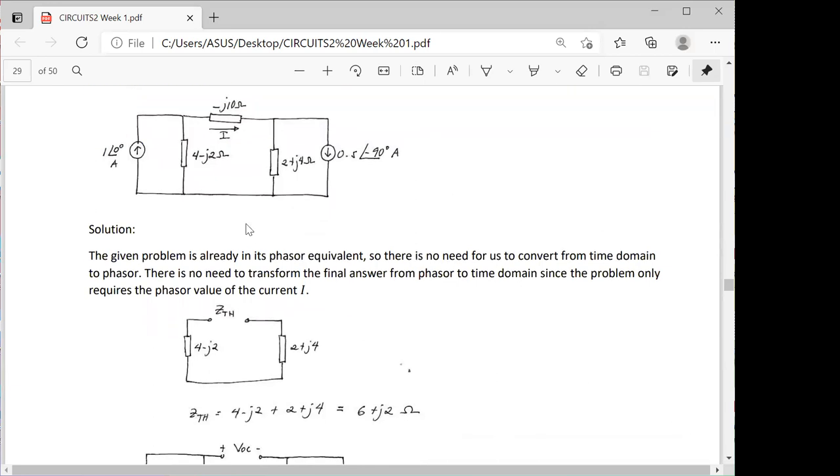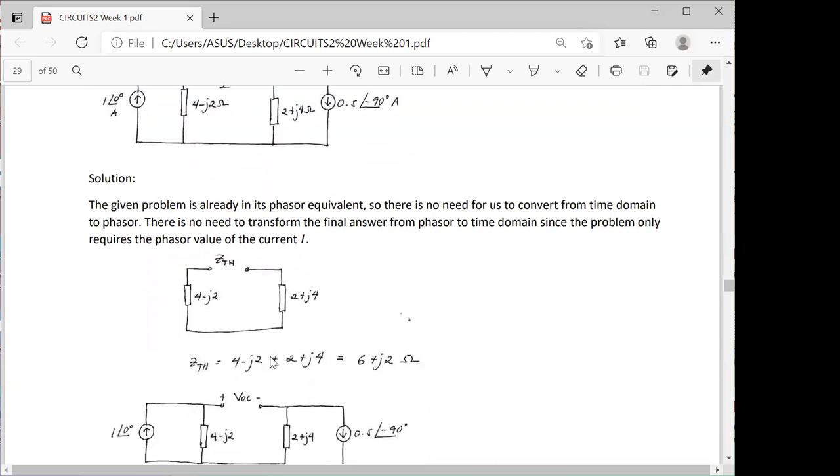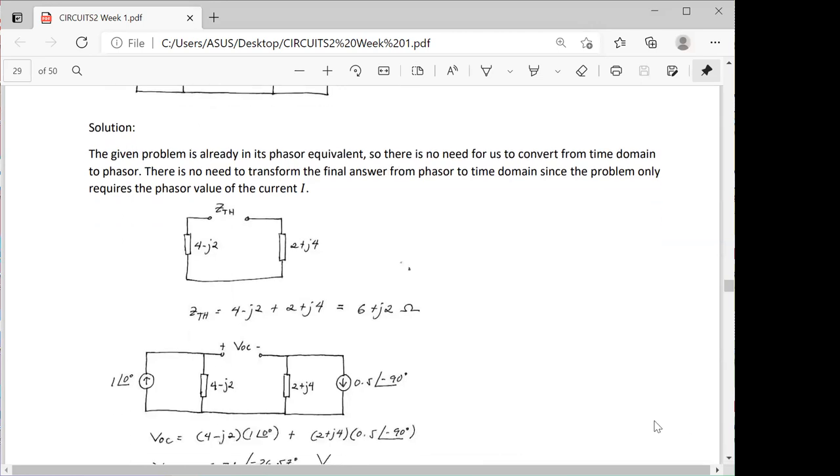To do that, we have to remove again our negative J10 since we're looking for the current here. So we have to remove this negative J10. Then after that, we have to indicate our VOC from this open terminal. But when we determine our VOC here, we don't need to remove the current sources, right?